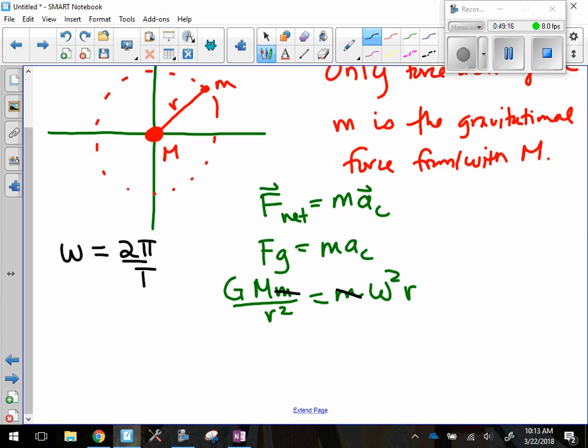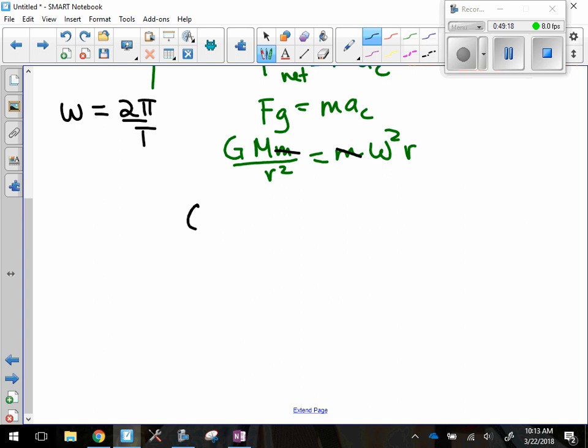Okay, so I can substitute in here. So I'm going to have G capital M over R squared is going to be 4 pi squared over T squared times R.